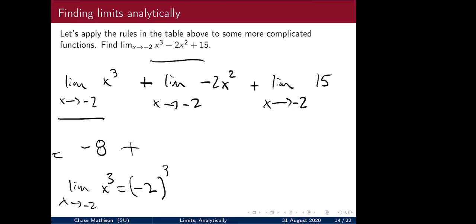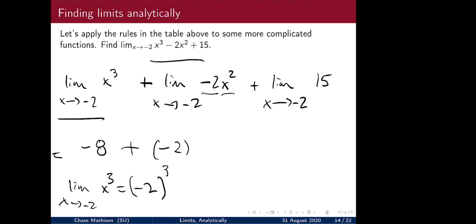All right, this guy, we have technically a product of minus 2 and x squared. So the limit of a product is the product of limits. The limit as x approaches minus 2 of just the minus 2 is negative 2. And then what's the limit as x approaches minus 2 of x squared?